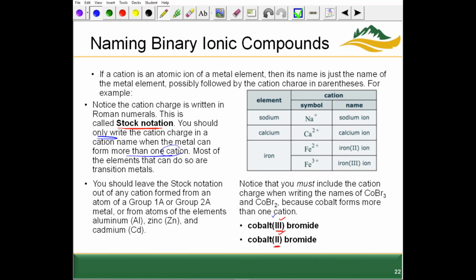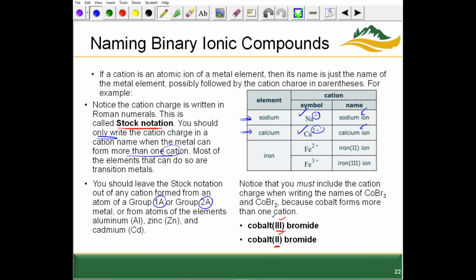So as we talked about previously, those group 1A and group 2 elements, so the alkali metals and the alkaline earth metals, those predictably always form +1 and +2 cations respectively. Because these can only form one kind of cation, we don't need and we should not include the parentheses there.